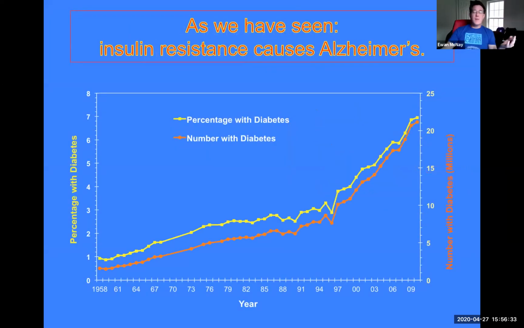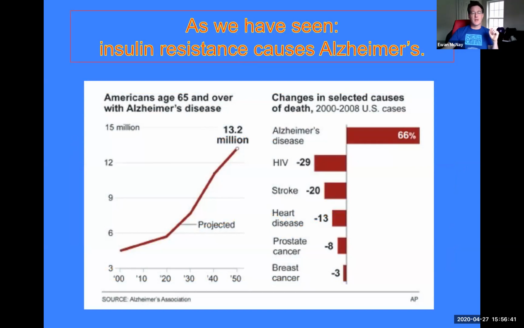If you look at the number of people in the US and around the world with type 2 diabetes, it's massively increasing. The same thing is true for Alzheimer's disease, right? So here we are in 2020, number of people in the US with Alzheimer's. Here's the projection. It's going to more than double in the next 20 years or so. It's already one of the biggest increases in terms of killers. So things like HIV, stroke, we're making good progress in preventing their impact on death.